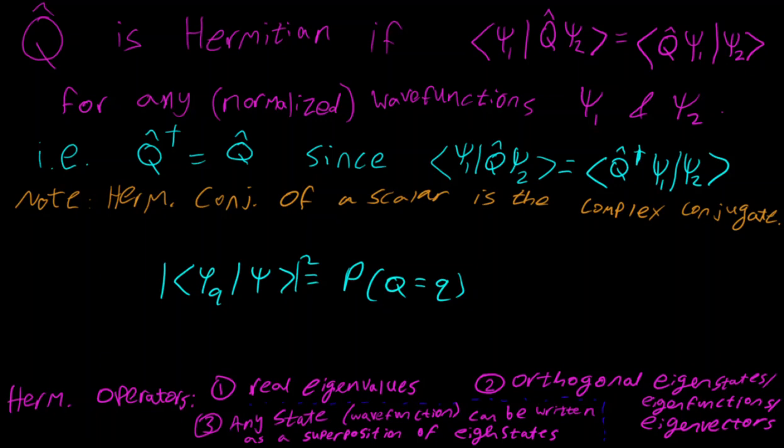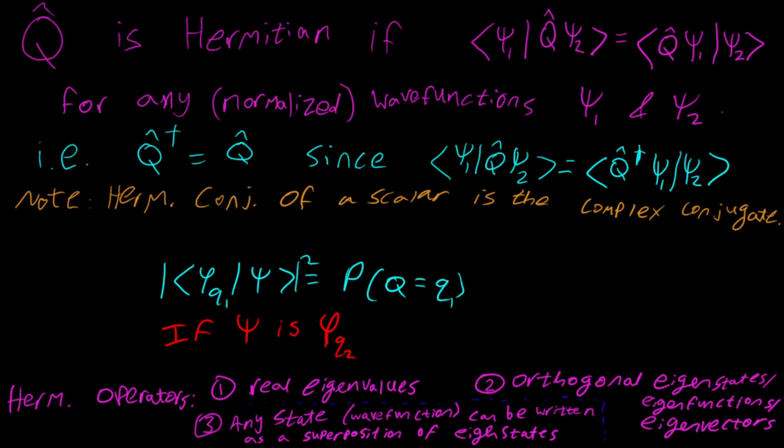First of all, this is the probability that if a particle is in the state psi, it has big Q equal to little q. Well, what if the state psi is phi sub q2, and this is phi sub q1 here?